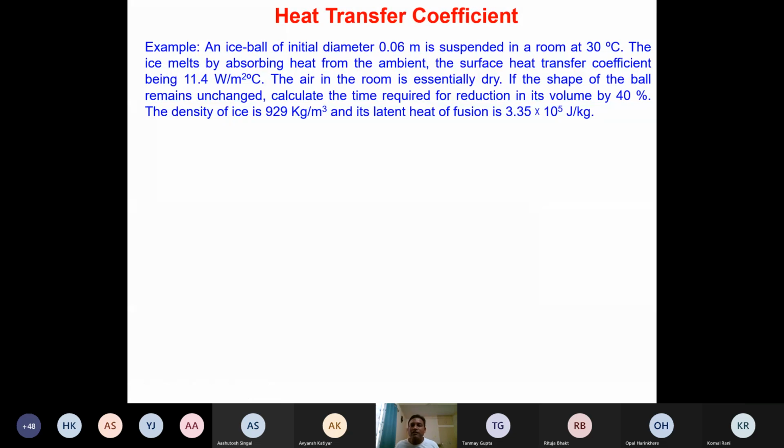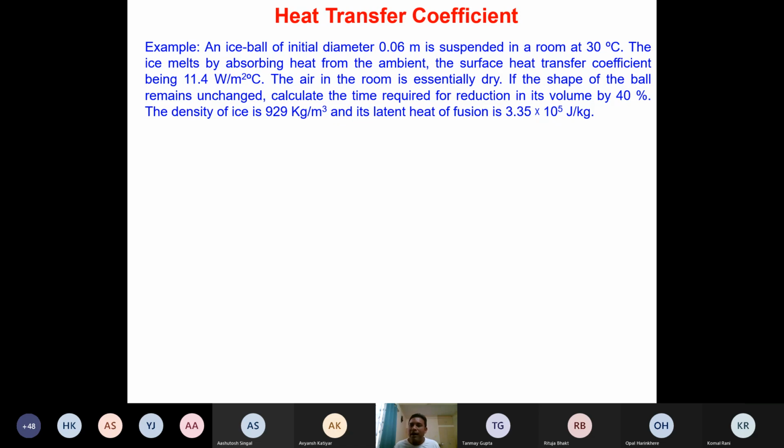Please calculate how much time is required. Just first calculate the amount of heat absorbed by the ice ball from the ambient, isn't it? Correct. So that you will obtain by looking at what rate the ice ball is reducing, isn't it?